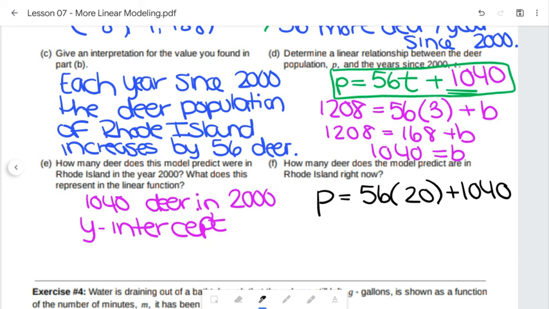So according to our model, if I just plug that in, 56 times 20, we'll get 1,120 plus that 1,040. So right now we predict that there are 2,160 deer in Rhode Island, based off this model. Is that true? Maybe not. Maybe they've had to make adjustments to this model since then, but that is what we're predicting based off that model.